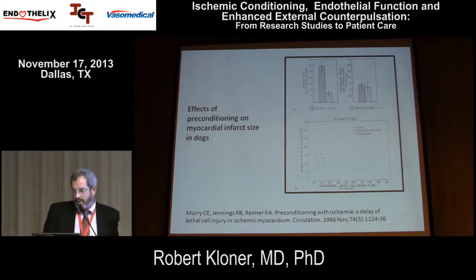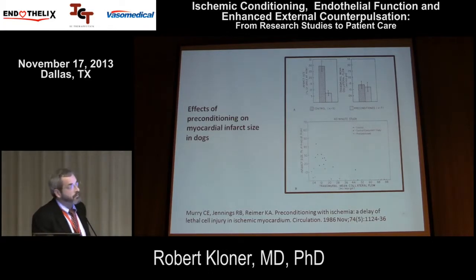Now, Chuck Murray, Keith Reimer, and Robert Jennings were really the first to describe ischemic preconditioning. They did this in a canine model of 40 minutes of proximal circumflex occlusion and reperfusion. Control animals did not get conditioning. Conditioned animals got brief 5-minute coronary artery occlusions and 5 minutes of reperfusion times 4.